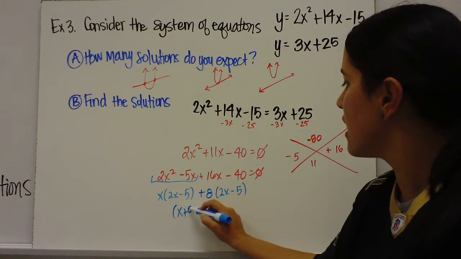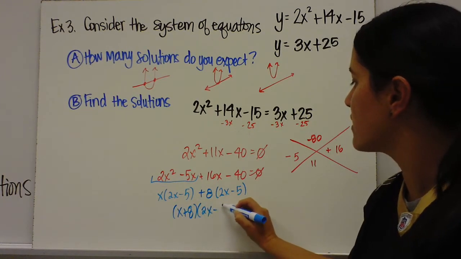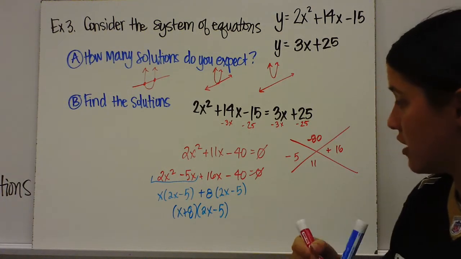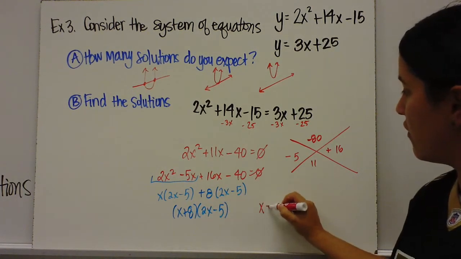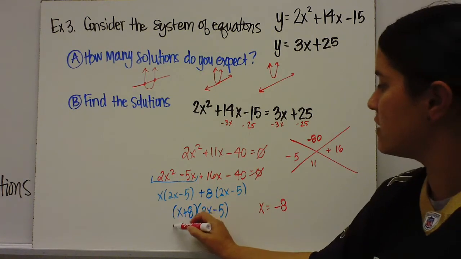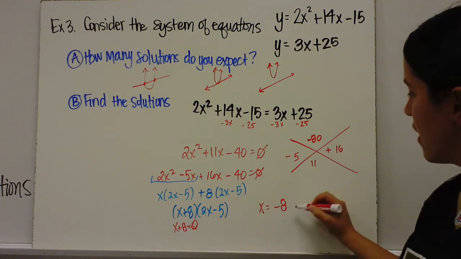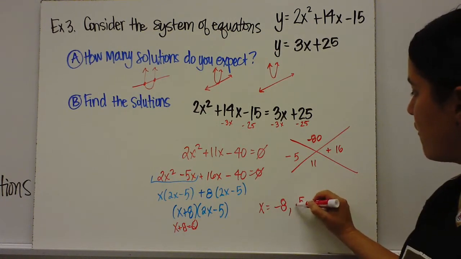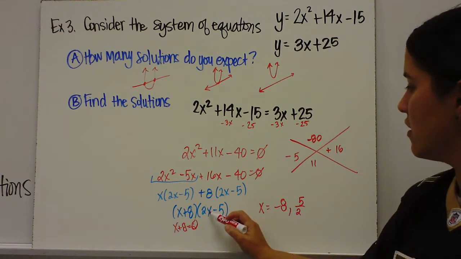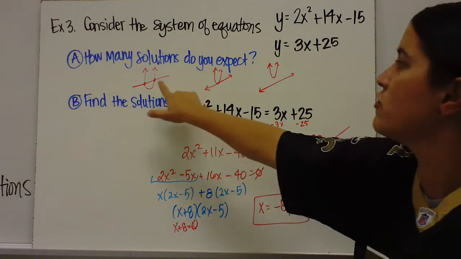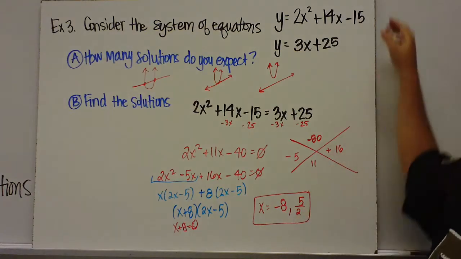So x plus 8 and 2x minus 5, which are going to give me my solutions of negative 8, because if x plus 8 equals 0, that needs to be negative 8. And this would be 5 over 2. So like we said, 2 solutions, negative 8 and 5 over 2.